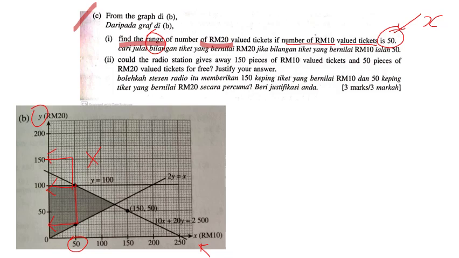It must be in the common region. So what you find here? 100, and also here is 25. So the range will be like this. Very easy. Your y must be more or equal to 25, and less or equal to 100. That is the range.